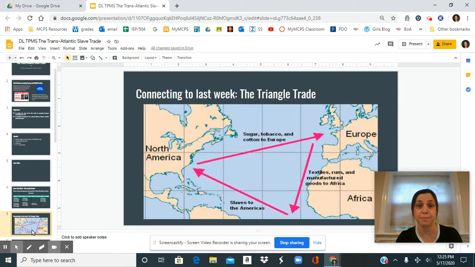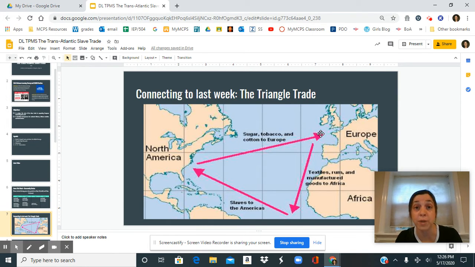So let's jump in. Last week, you learned about triangle trade. Triangle trade was this pattern of trade where Europeans traveled with their goods down to the west coast of Africa. They exchanged goods for people. They enslaved Africans and brought them to the Americas, where those enslaved Africans were traded for raw materials and brought back to Europe.